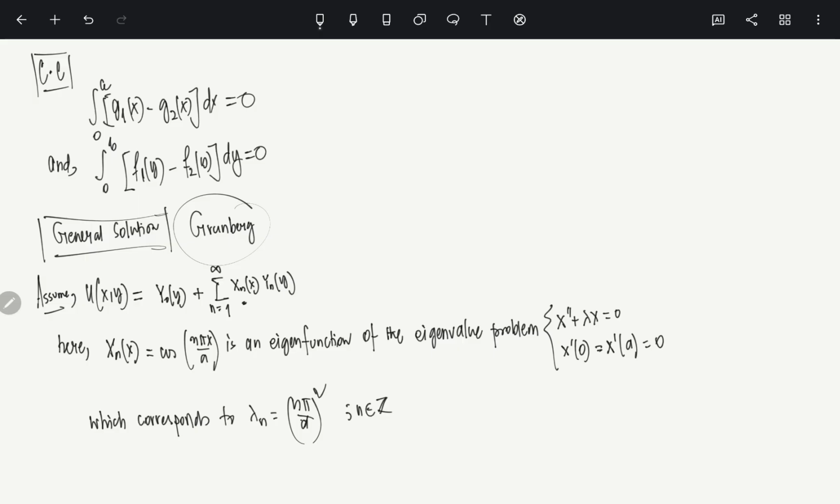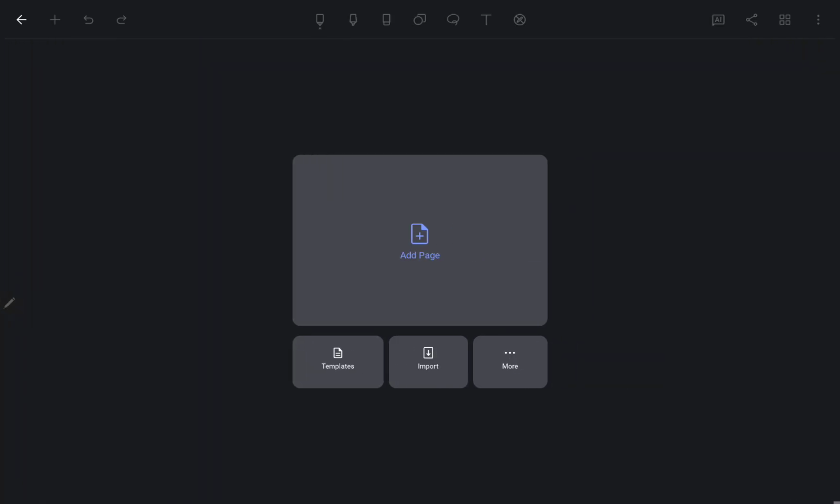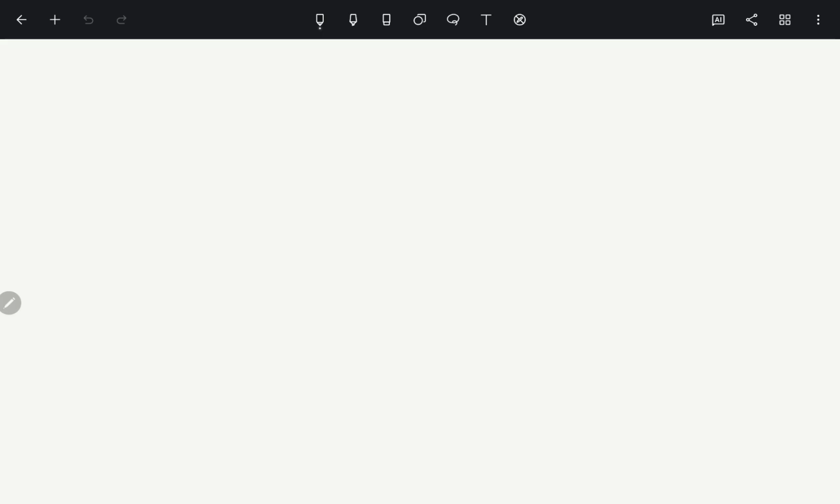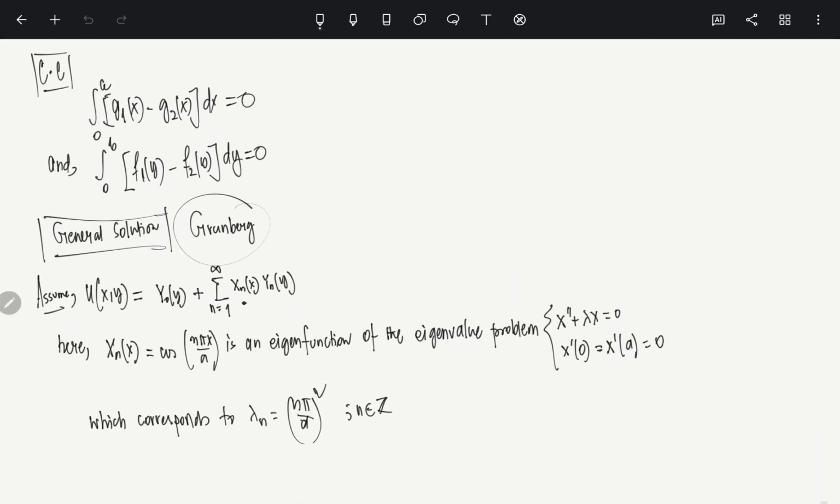So now you see, if you put it in this equation, this particular thing, if this is your Xn's, right? What we are doing is we are explicitly writing down what Xn's are.